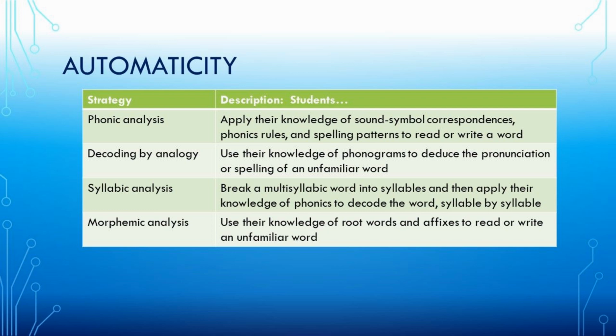In decoding by analogy, students use their knowledge of phonograms to deduce the pronunciation or spelling of an unfamiliar word. In syllabic analysis, students break a multisyllabic word into syllables and then apply their knowledge of phonics to decode the word syllable by syllable. In morphemic analysis, students use their knowledge of root words and affixes to read or write an unfamiliar word.